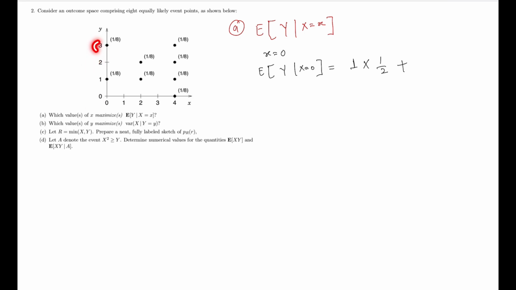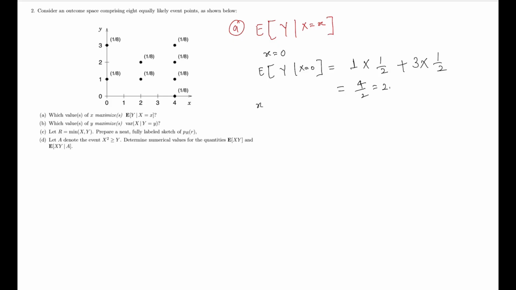Now random variable Y takes the value 3 times the conditional probability. What will be the conditional probability? It will be again 1 divided by 2. So this conditional expectation will be 4 divided by 2, that is 2.